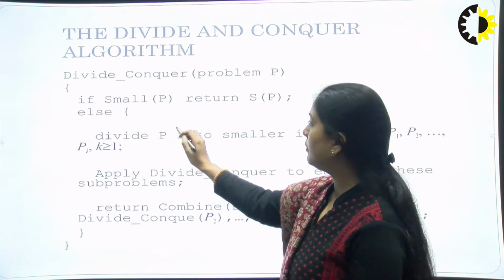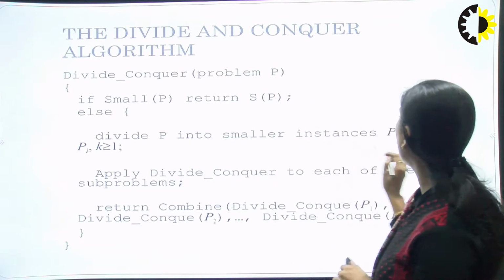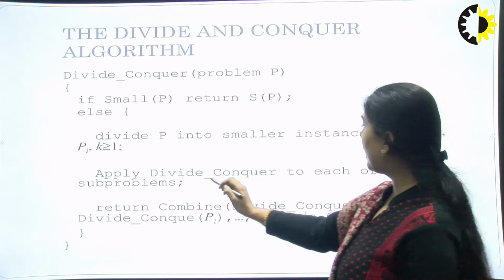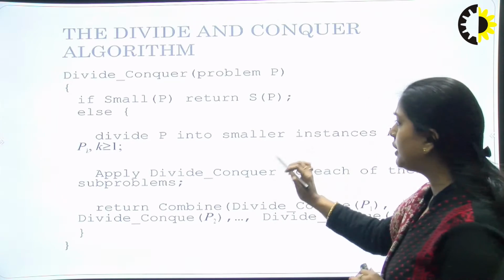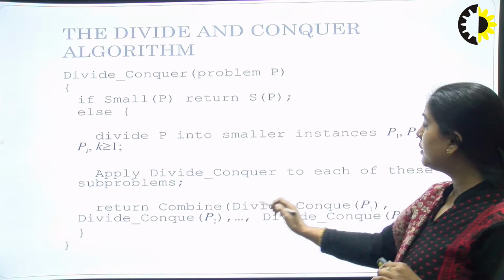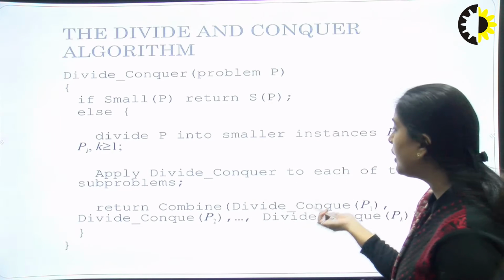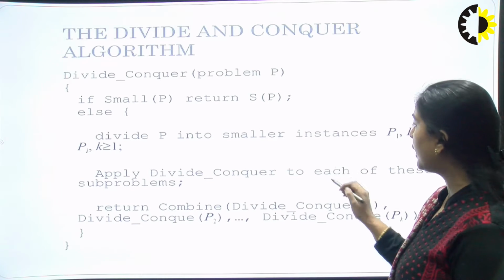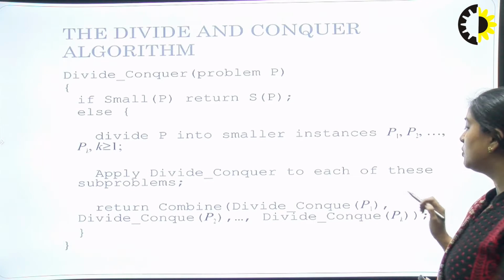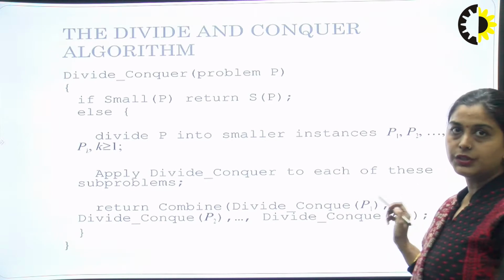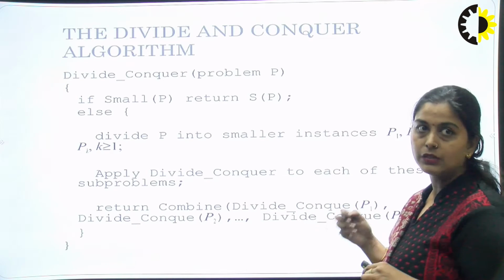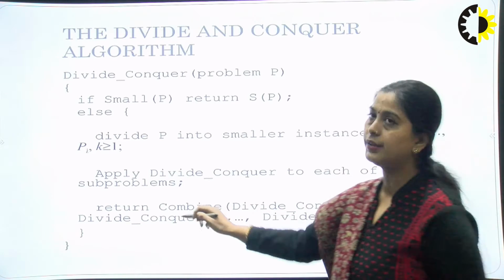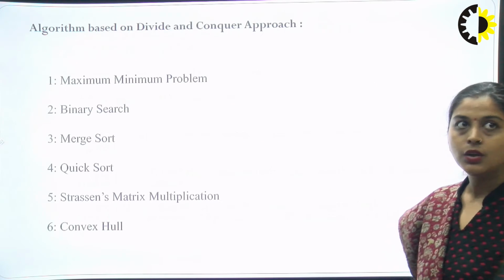So divide P, this is the problem, into smaller instances like P1, P2 and up to Pi. Apply divide and conquer to each of these sub-problems. After the conquering, we return the combination of the solutions, which gives the solution S of the complete problem P, returned as the result.